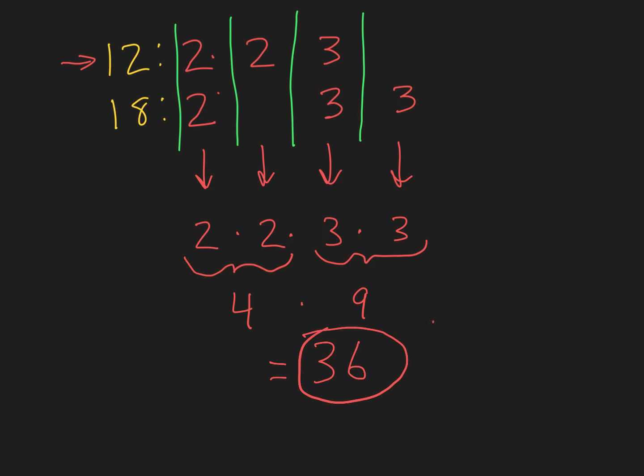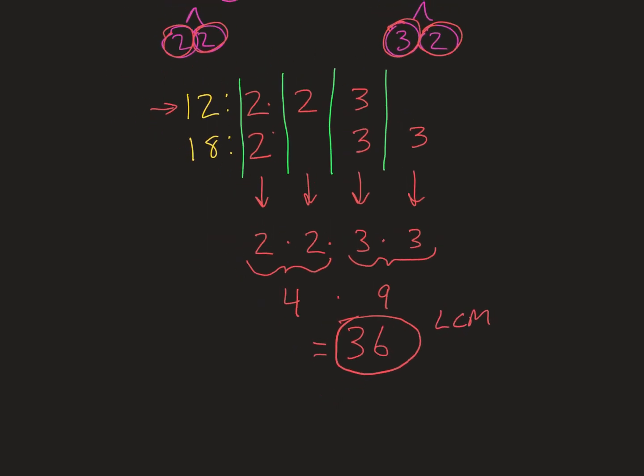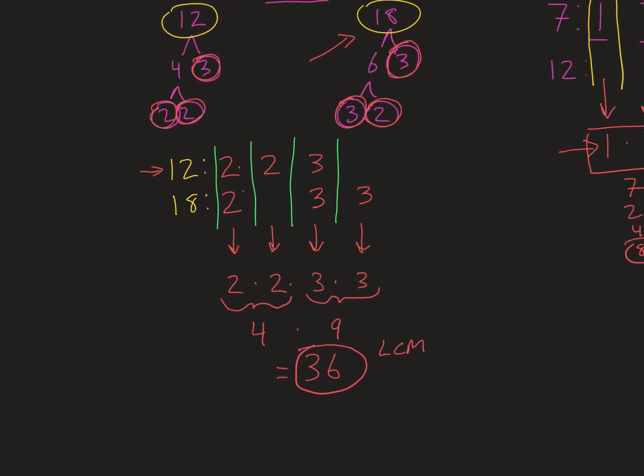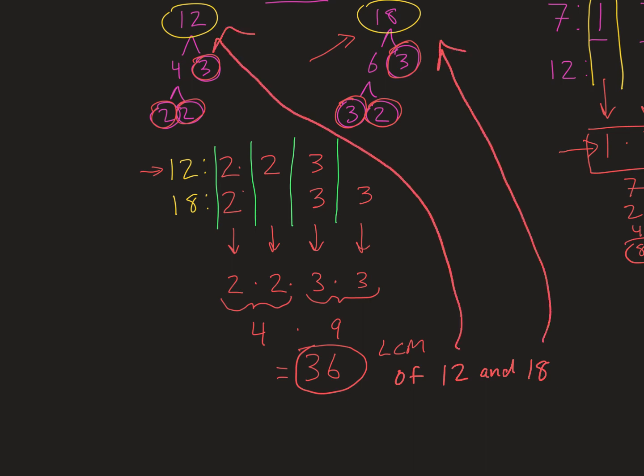So this is my LCM of 12 and 18. This is the least common multiple of the two numbers we started with, so the least common multiple of 12 and 18 is 36.